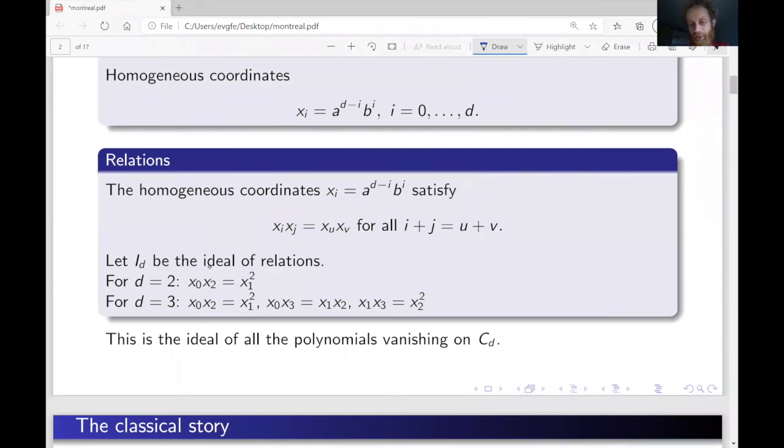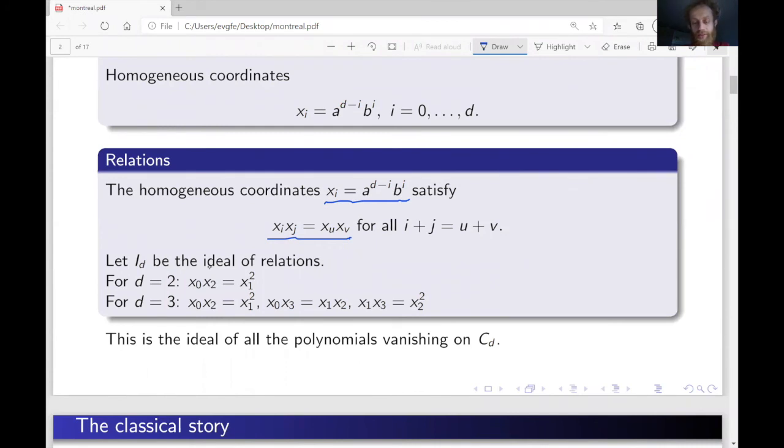You can easily see that the relations are given by the quadratic expressions x_i x_j equals x_u x_v, where the condition is that i plus j is u plus v. One easily shows that the coordinates satisfy these quadratic relations.